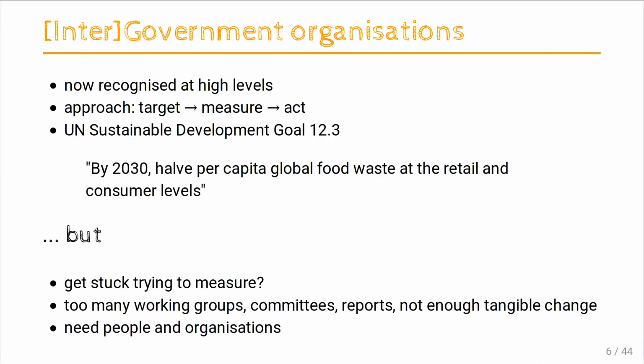The second step, to actually measure the food waste, is a very long process. After years of discussions and papers and reports discussing what food waste even is, this year there was a UN speech announcing that the first reporting by member states is foreseen in 2022, 7 years after the goal was announced. So if it takes that long just to measure the food waste, how long will it take to actually act on it?